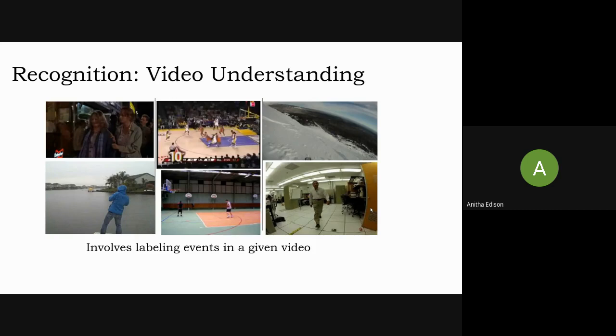For example, for a surveillance application with a camera placed somewhere, we want to know if there is a person there or not. Also, we want to know what that person is doing. We want to know if he is running or walking normally or something terrible has happened. So we want to know what is happening in the video. That is another area which is often researched.